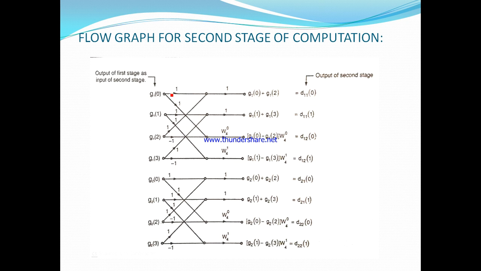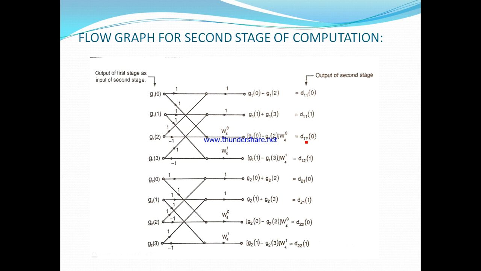Here it receives G1 of 0 minus G1 of 2. Why do we have minus? G1 of 2 is multiplied with -1 and comes here as G1 of 0 minus G1 of 2. This value is again multiplied with W4 power 0.